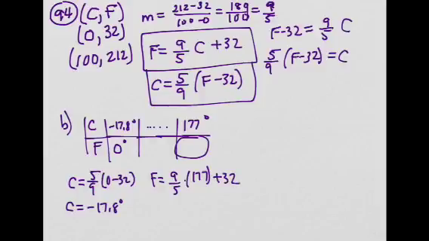So this is 318.6 plus 32, and then you add 32 to that, and it's 350.6. So right here, 350.6. So you guys go ahead and fill in the rest of the chart, the other 4 spaces.